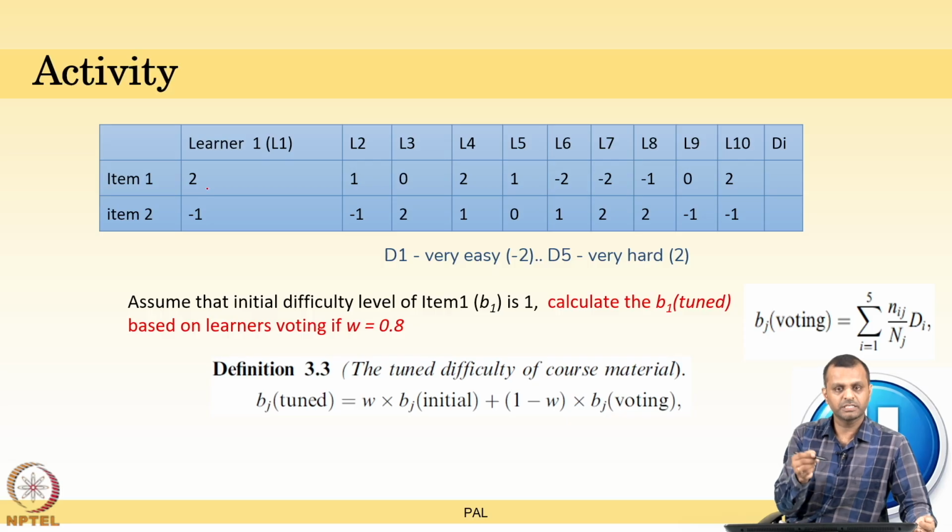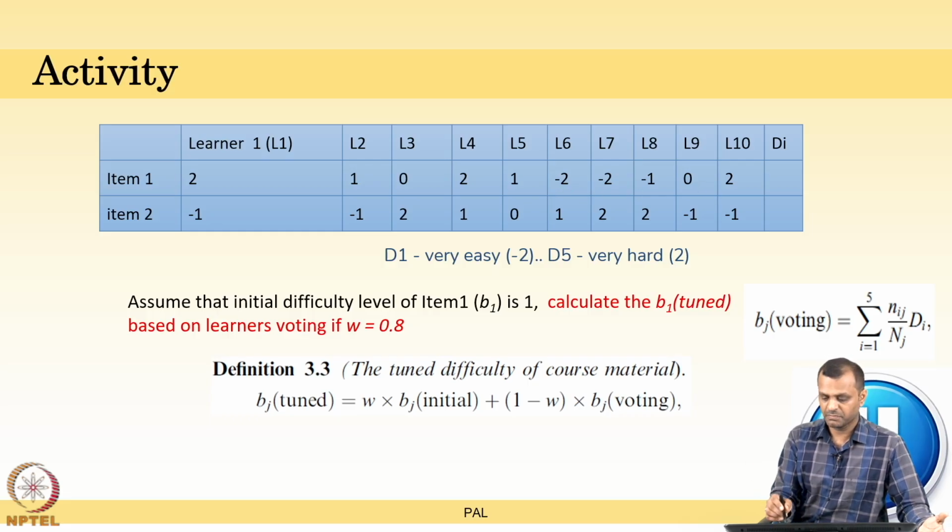For example, one says this particular question is very hard. For item 2, the learner says easy. But learner 2 says item 1 is hard, medium, very hard, hard, very easy, easy, or medium, or very hard.